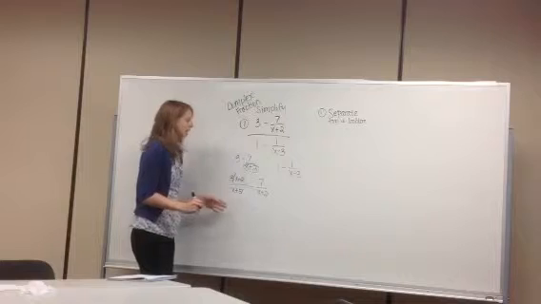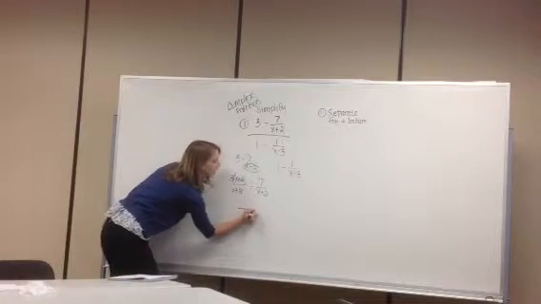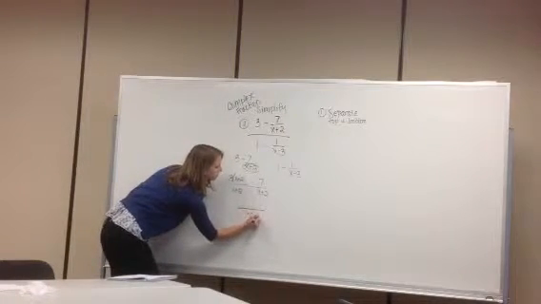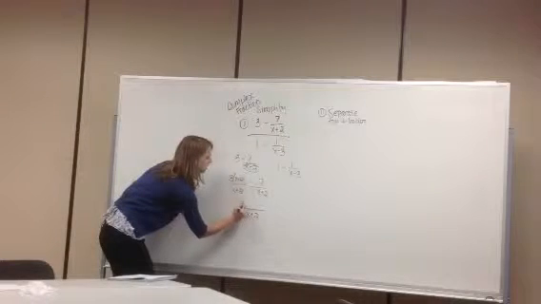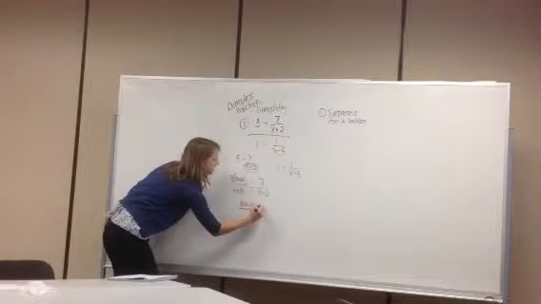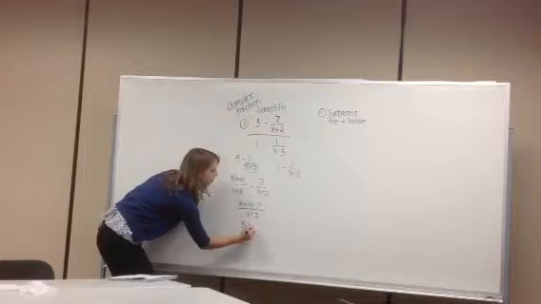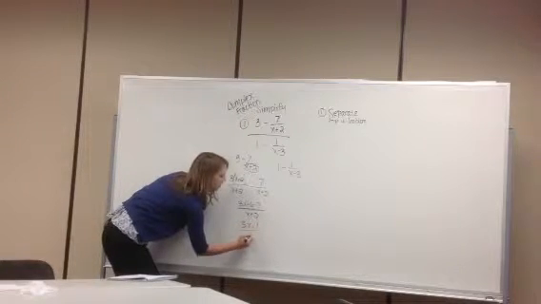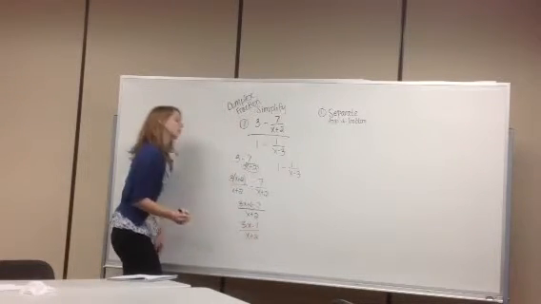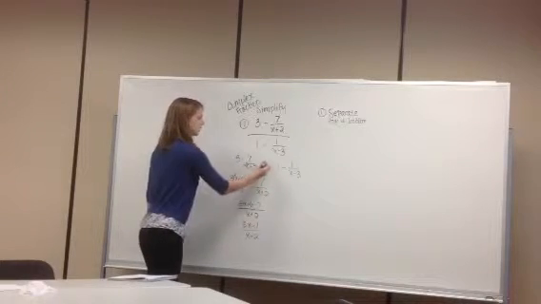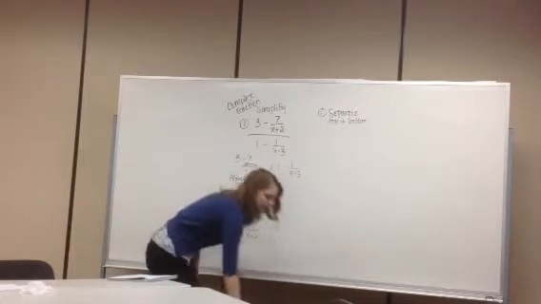I'm going to keep them together, but I am going to write it all as one fraction. I'll go ahead and distribute at the same time, which means I'm going to have 3x minus 1 over x plus 2. Same thing with the other side here.